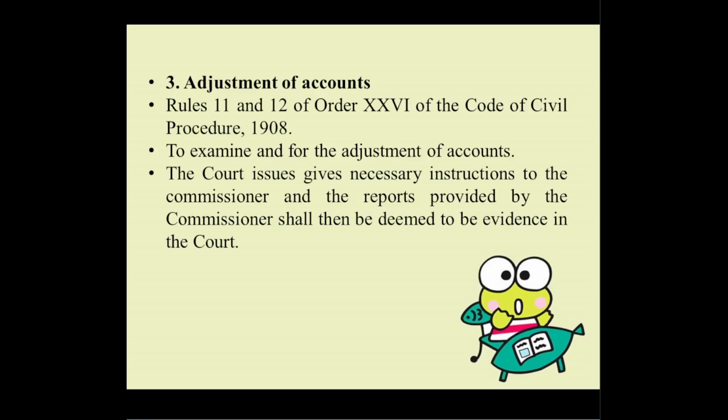The court gives necessary instructions to the commissioner, and the reports provided by the commissioner shall then be deemed to be evidence in the court. So it is the primary responsibility of the commissioner to make an adjustment of the accounts between the parties of the suit, whatever the subject matter of the suit is, and then to report back the same to the court.